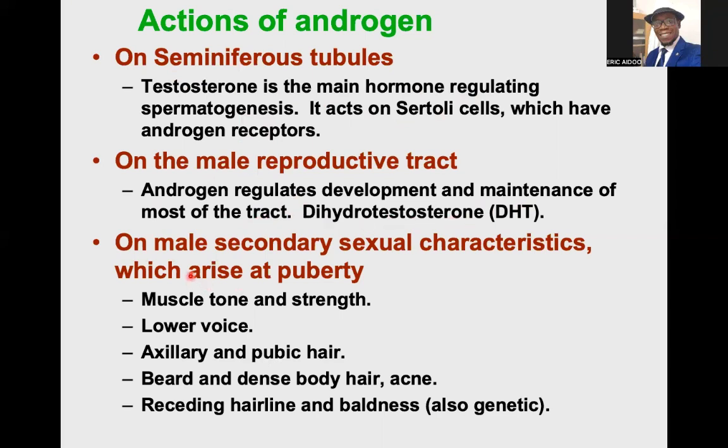dihydrotestosterone. On the secondary sexual characteristics, androgens help regulate muscle tone and strength, and lower the voice, and therefore it becomes deep. Axillary and pubic hairs are also regulated by that. Beard and dense body hair, and then sometimes even acne on the faces of the teenagers, if you like.